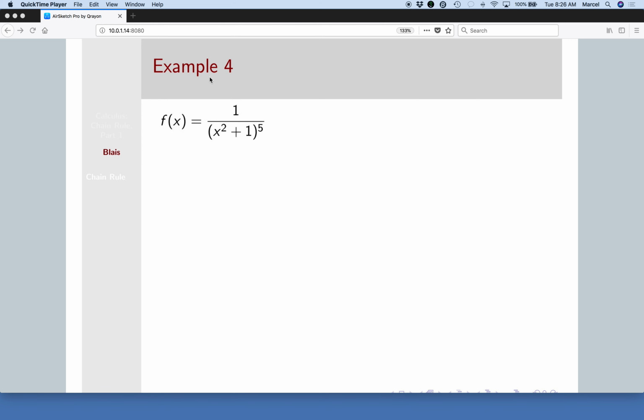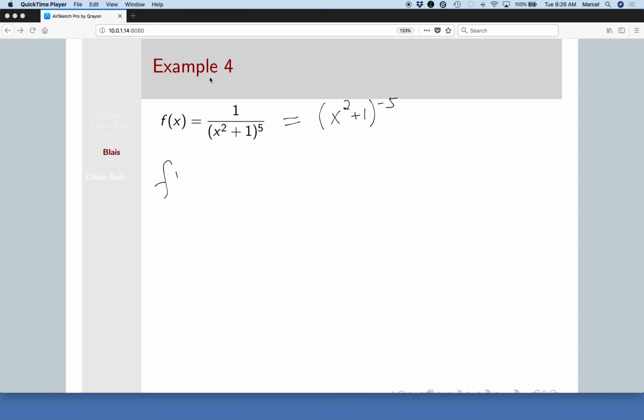Next example. Typically with these types of examples, of course, you could use reciprocal rule, but things are usually easier if we go ahead and bring all the terms up into the numerator and then apply both chain rule and power rule.